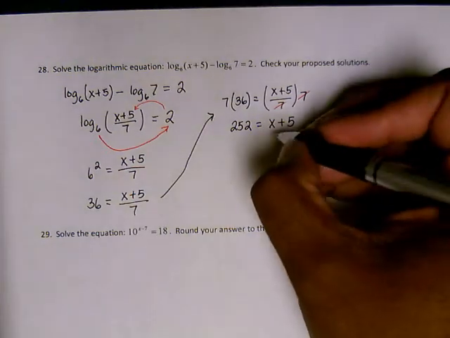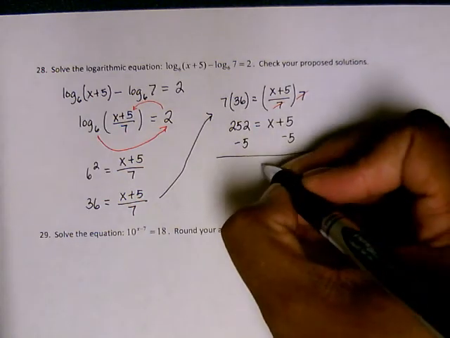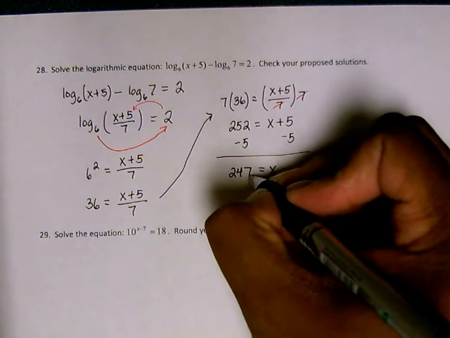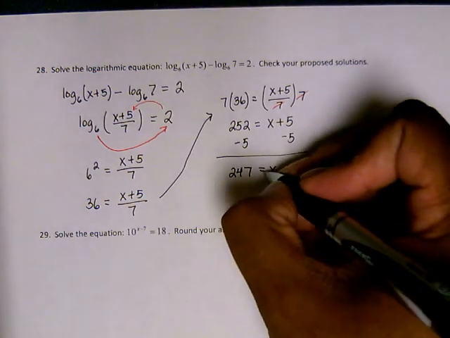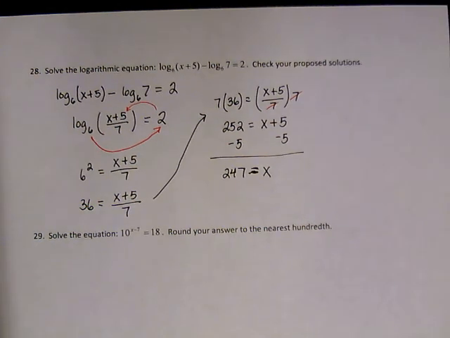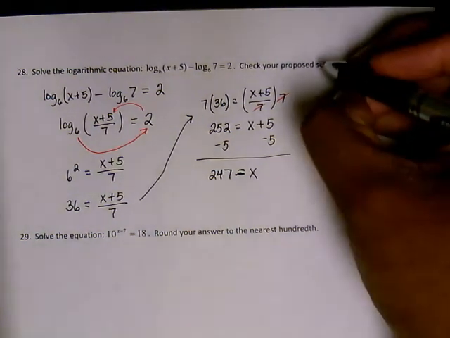Now I can easily get x by itself by subtracting 5 on both sides. So that means here x is equal to 247. So x equals 247 is the proposed solution to that logarithmic equation.